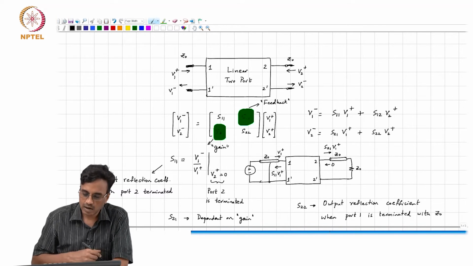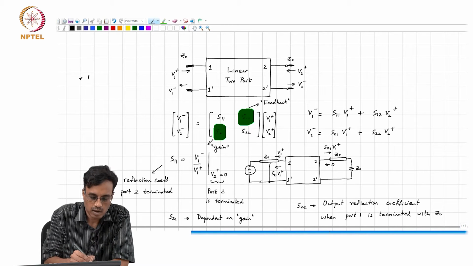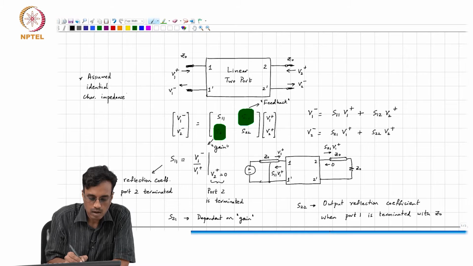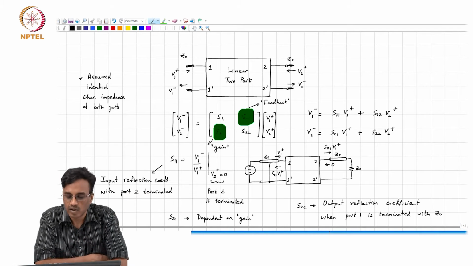Okay. A caveat: we've assumed identical characteristic impedance at both ports, in which case it turns out that it does not matter.